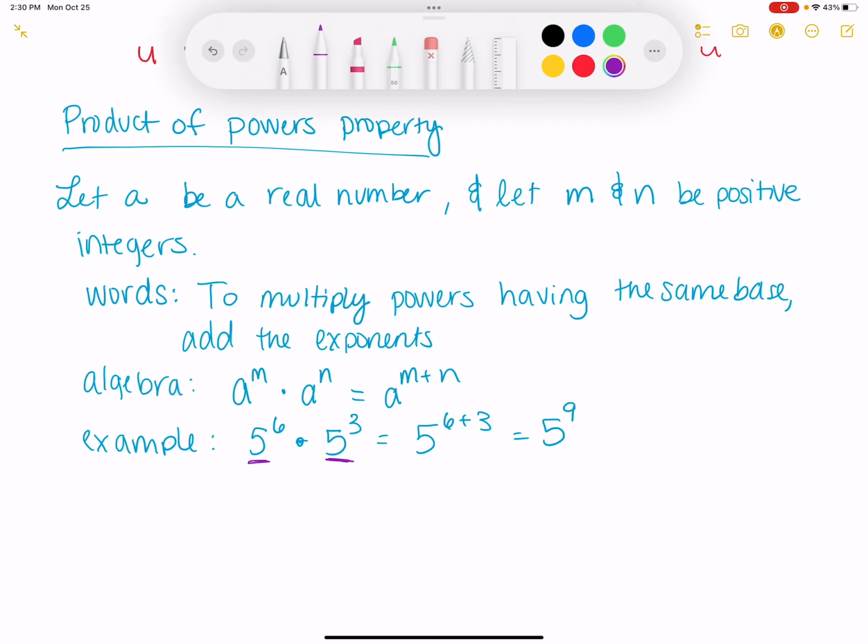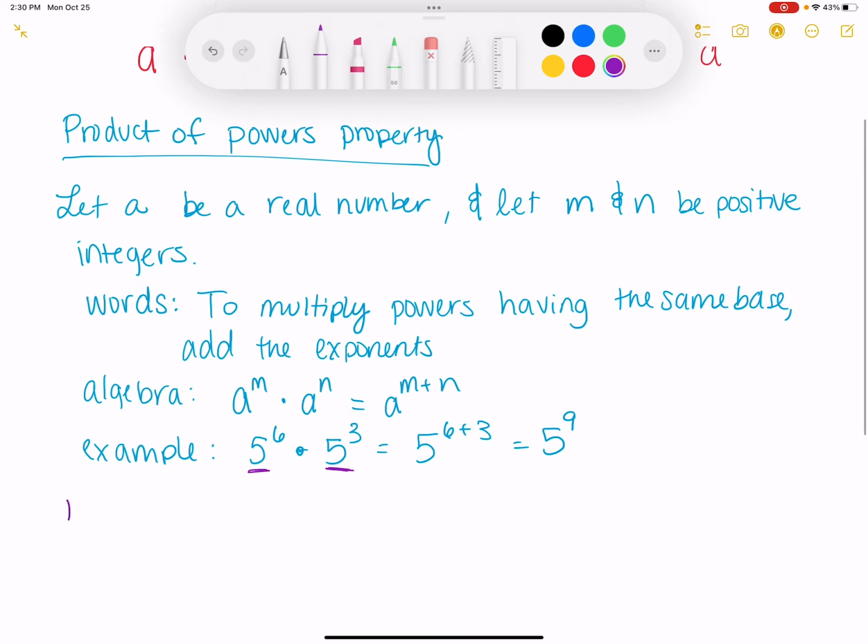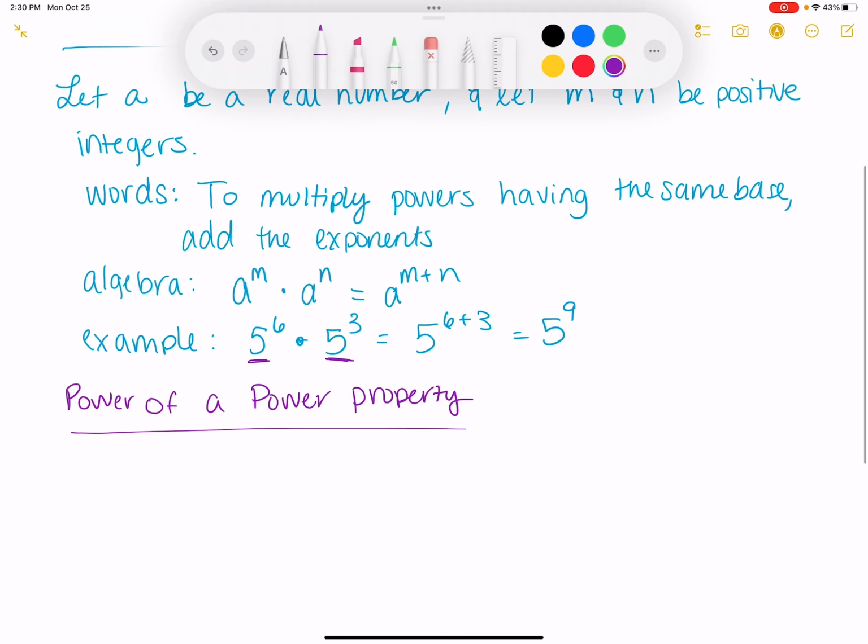All right, so the next one is a power of a power property. So we let a be a real number, and let m and n be positive integers.